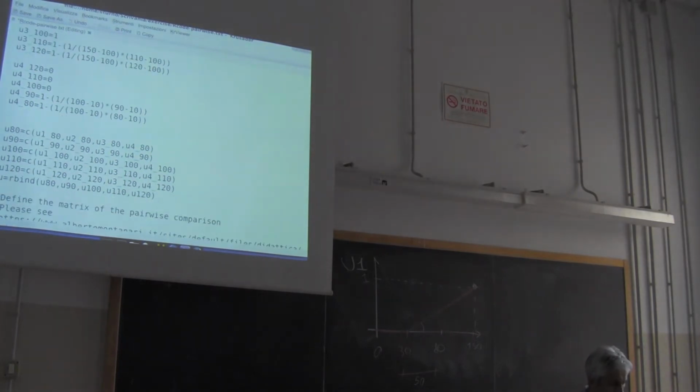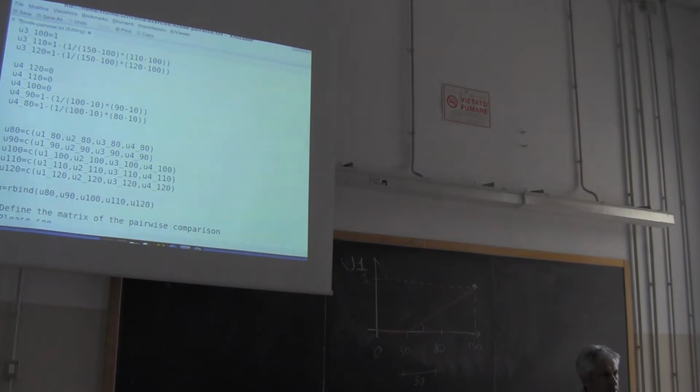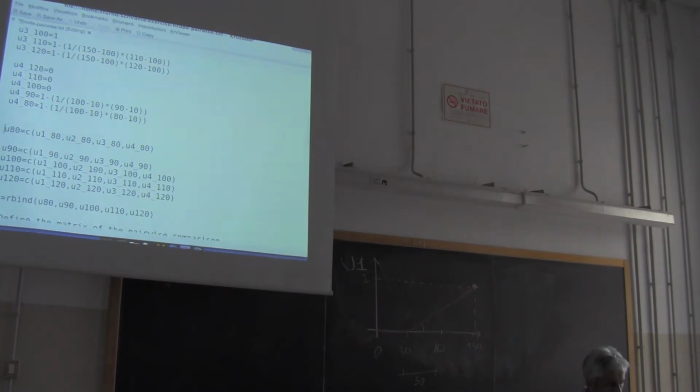Now, let's create a matrix of these values of the utility. First of all, let's create a vector which gives the 4 utilities for the design flow equal to 80.